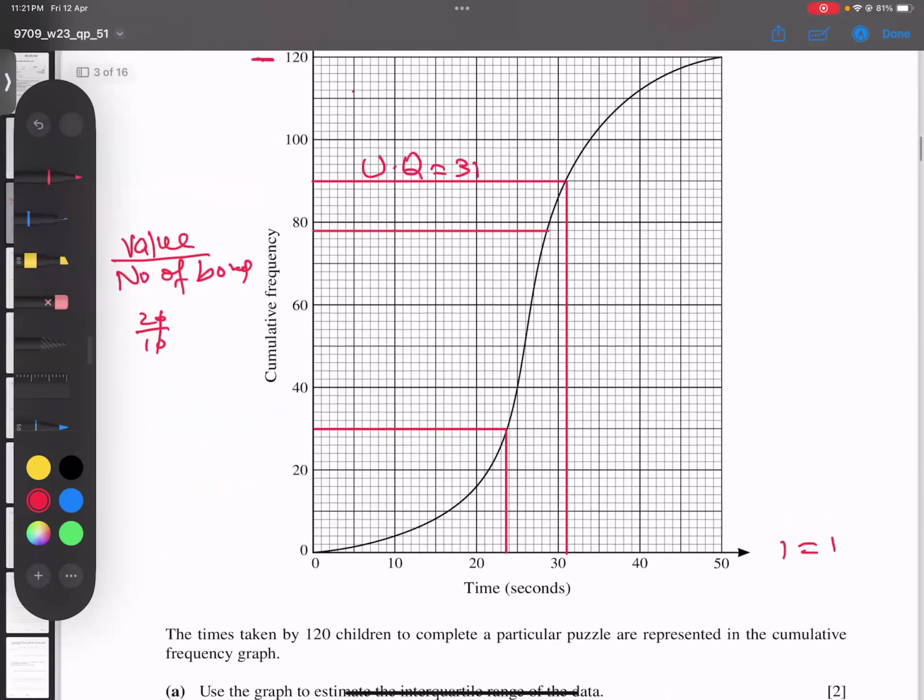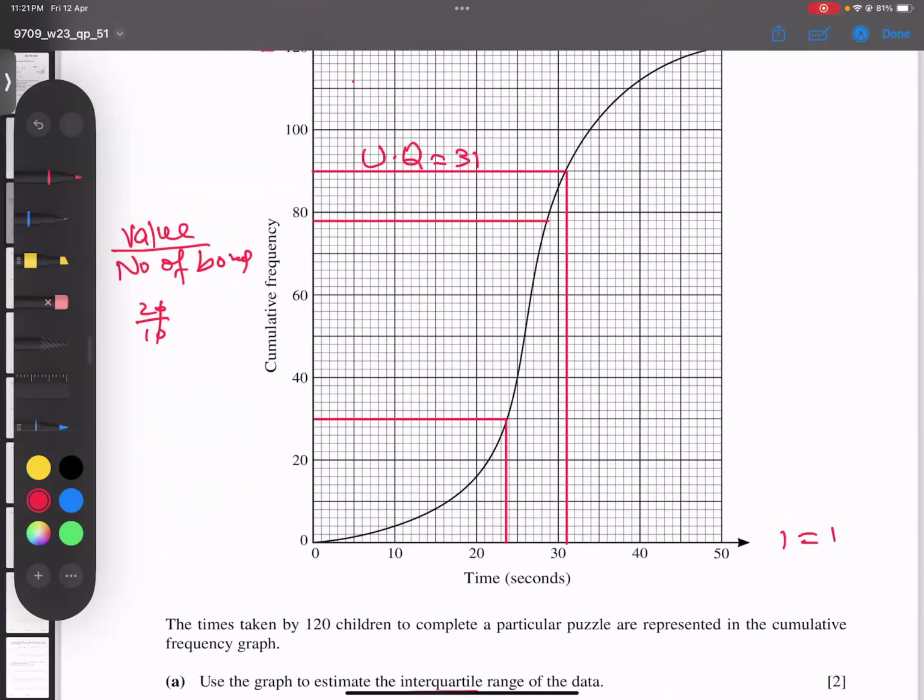If I take it down, we get this number, approximately in the middle, and this is T. If you look at this 30, one box back is 29, so 28.5.